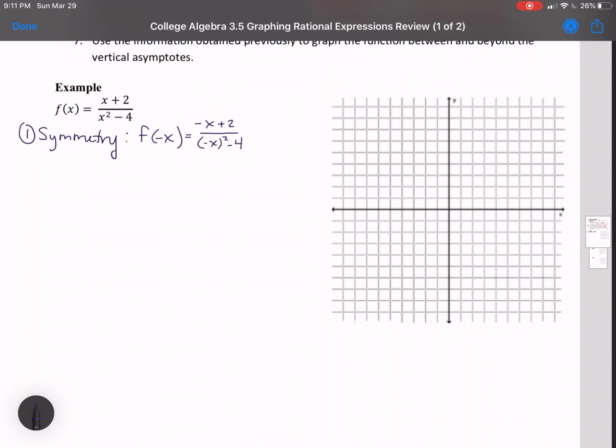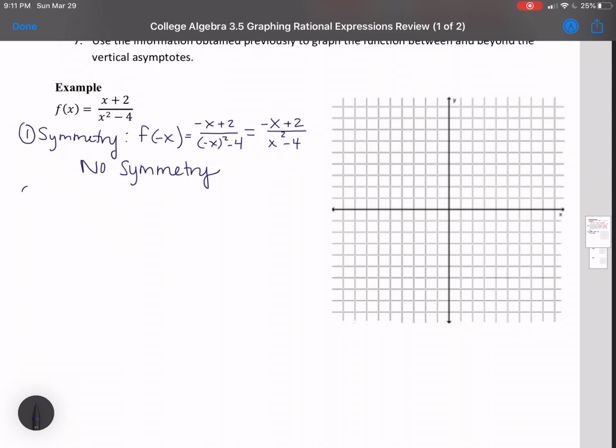Negative x plus 2, we can't do anything with that. That's just going to stay the way it is. But negative x squared is a positive x squared minus 4. Notice our signs didn't completely change, so here we're going to have no symmetry. Remember, the signs all have to change, or they all have to be the same as our original.